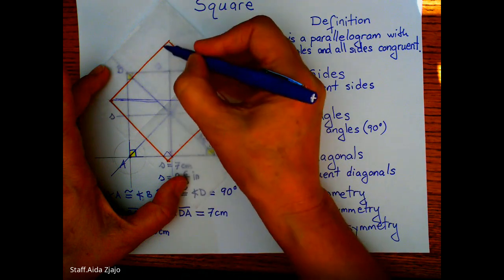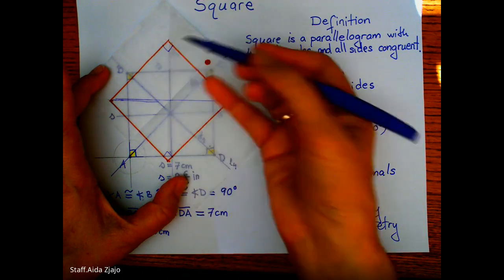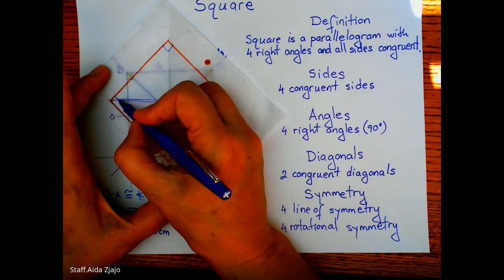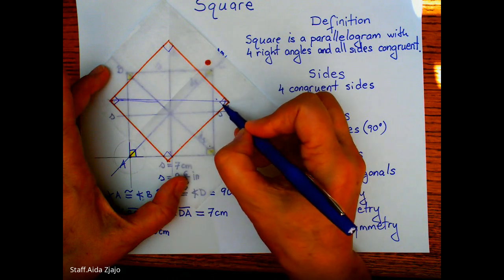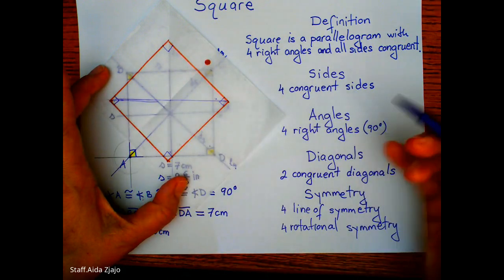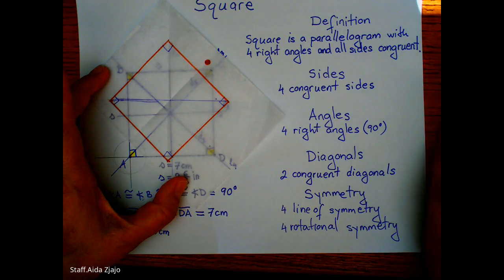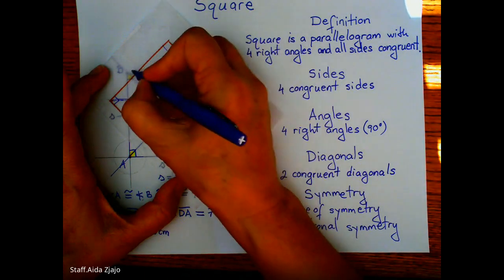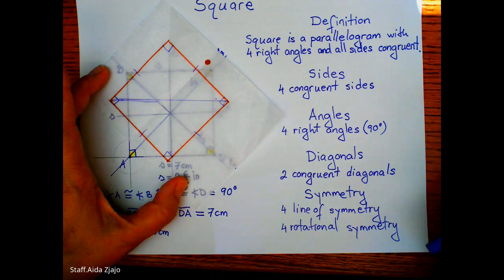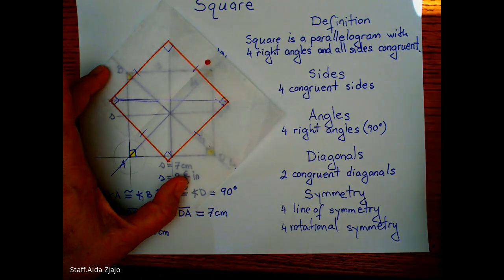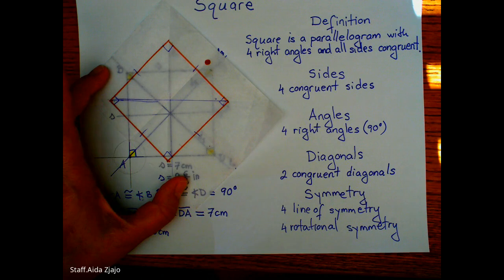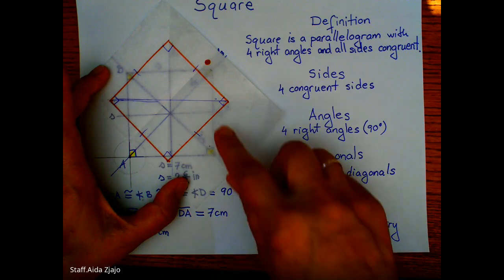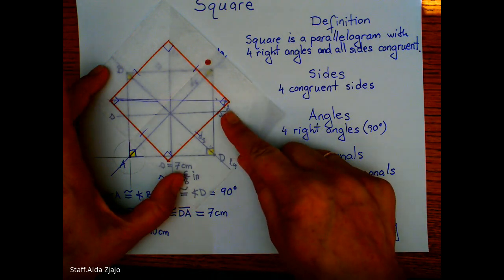This and this are opposite, they're congruent in a square. This angle and this angle are opposite and they're congruent. Also to be a rhombus, you need to have the sides the same. So this is equal to this and this is equal to this. All sides are the same. So a square is a rhombus, but not every rhombus is a square. So that needs to be kept in mind.